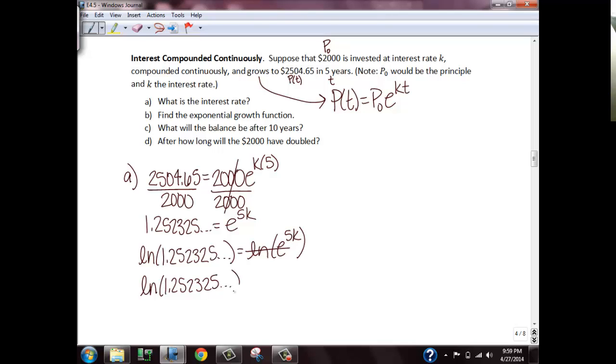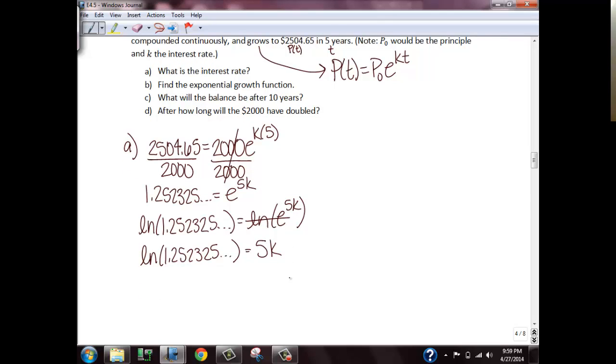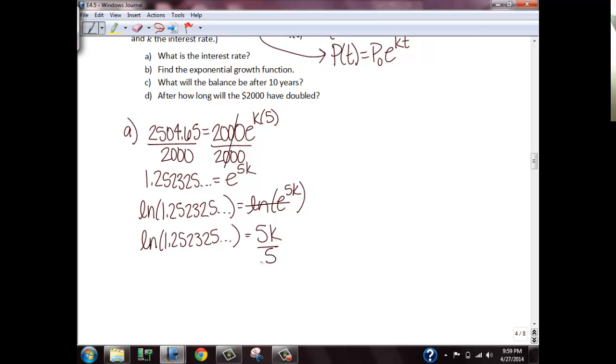1.252325. Again, when you first got that number, hopefully you just left it in your calculator, because now to solve for k, all I need to do is divide off that 5. So I would go ahead and take ln of that number, divide it by 5, which should give us 0.04500 and some more stuff. Again, on my math lab, if it asks you to find the interest rate, it will tell you exactly how many decimal places to keep.